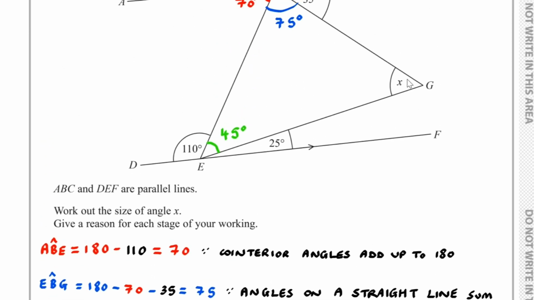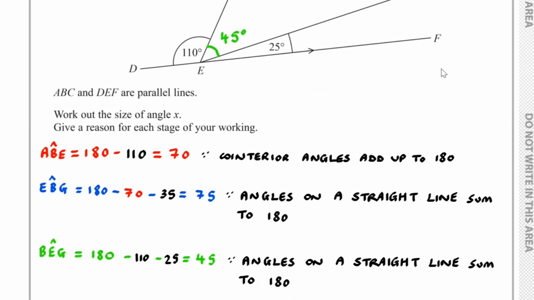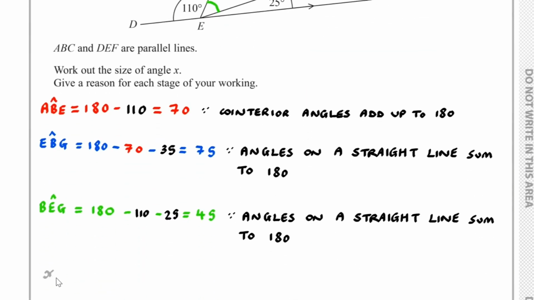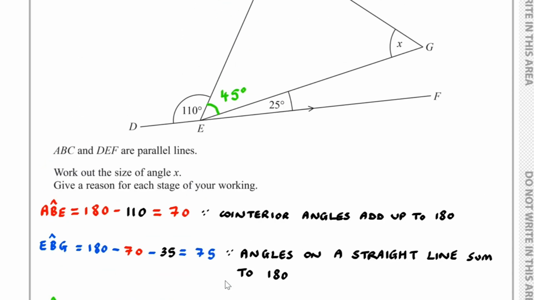And therefore, to find out the angle X over here, X is equal to 180 subtract the 75 subtract the 45, and it turns out we get X is equal to 60.